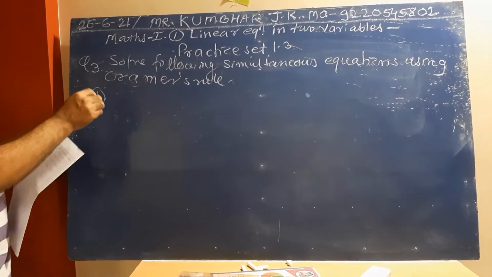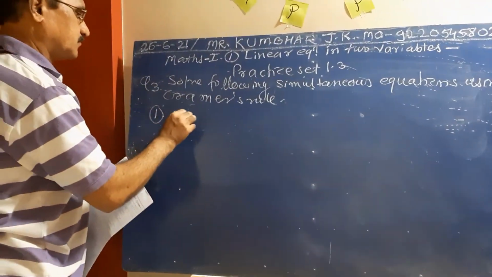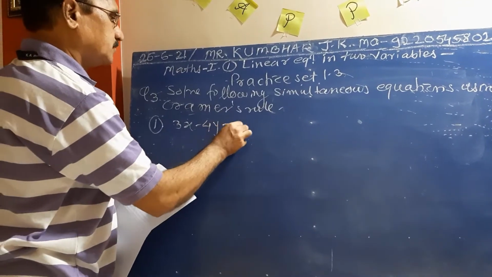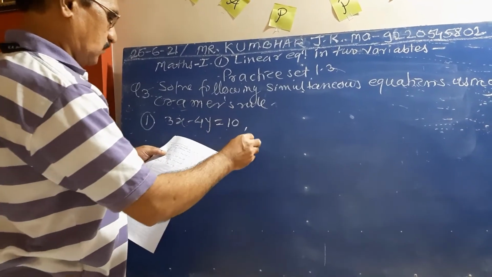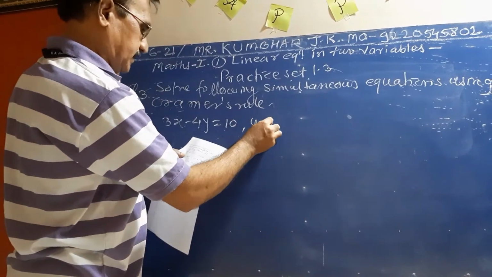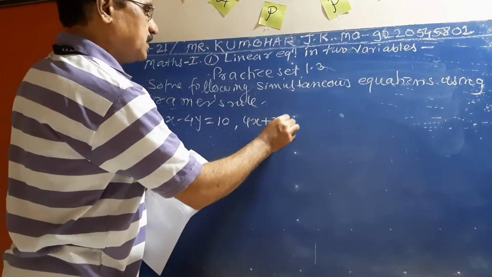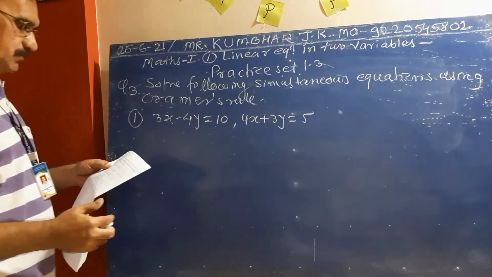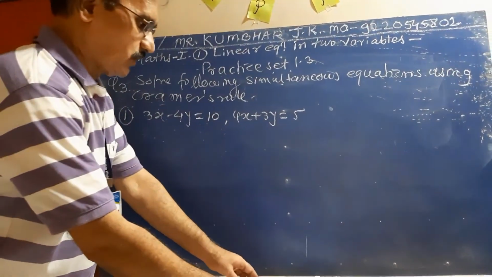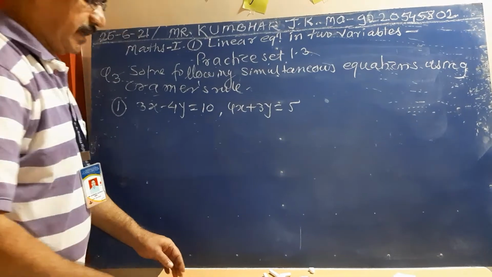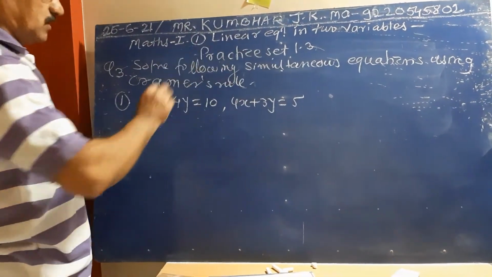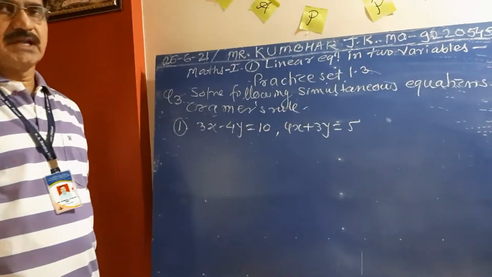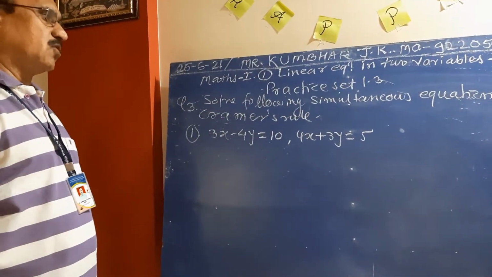First one is 3x minus 4y is equal to 10, and second one 4x plus 3y is equal to 5. First observe whether the given equations are in general form or not.